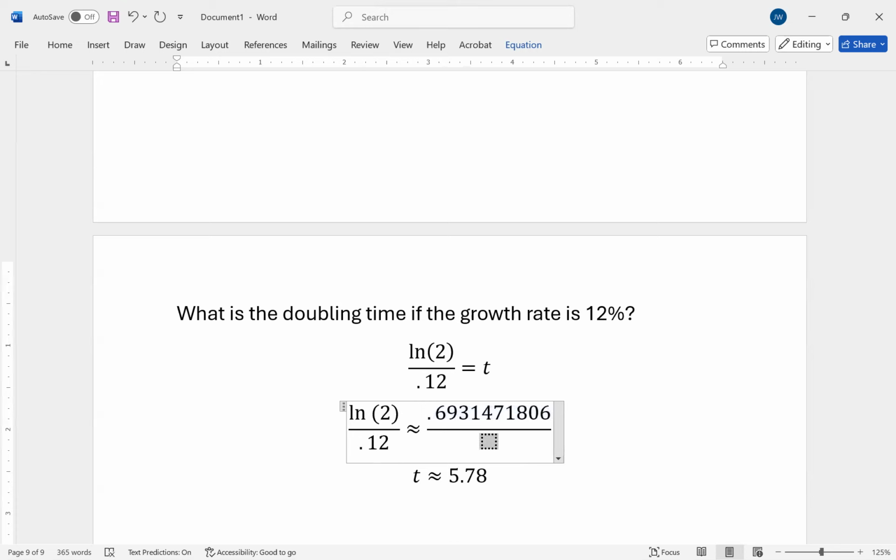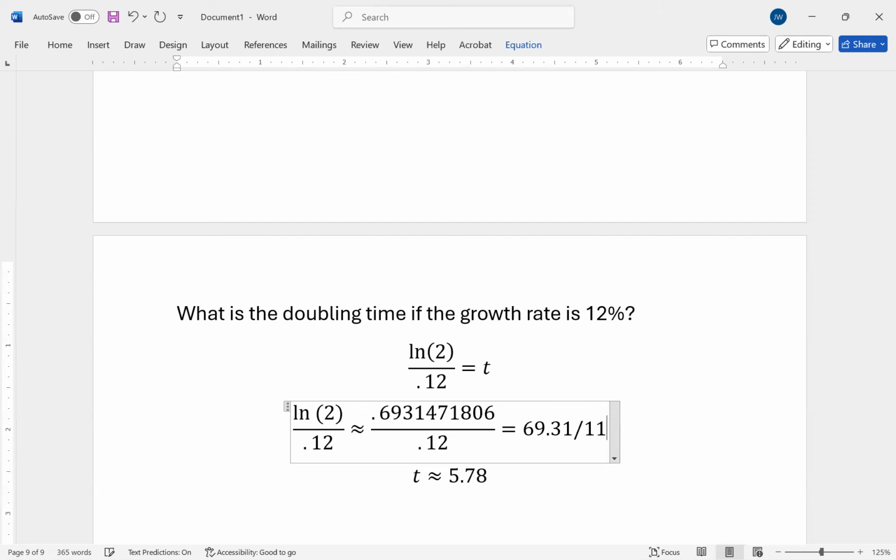And so that's like 69.31 over 12 if I move the decimal place over.